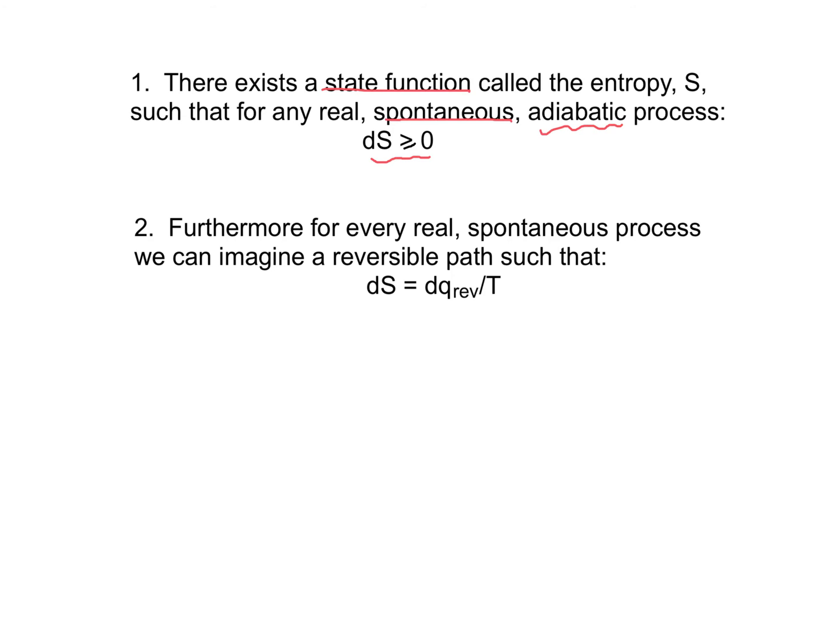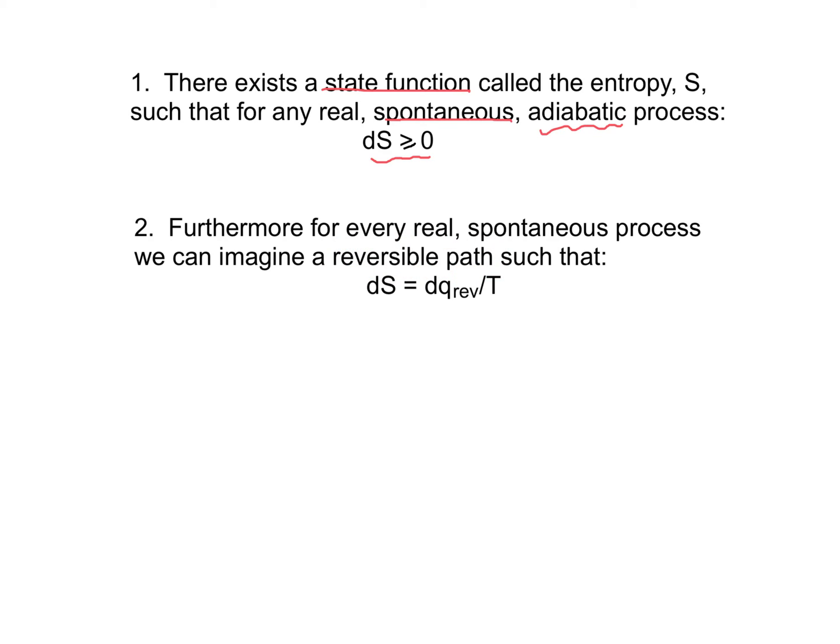The second part of the precise statement of the second law gives us a way to calculate a change in entropy. This part of the statement says that for every real spontaneous process, we can imagine a reversible path such that dS equals dq reversible over T. First, this tells us that the equals sign in the first part of the statement of the second law holds when the path is reversible.